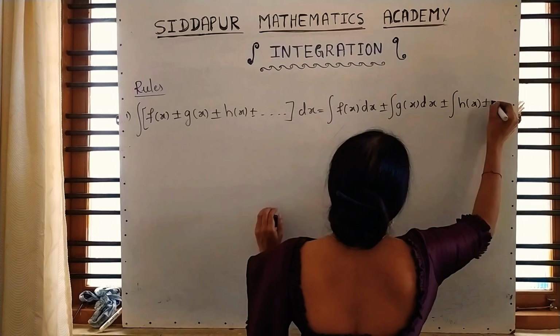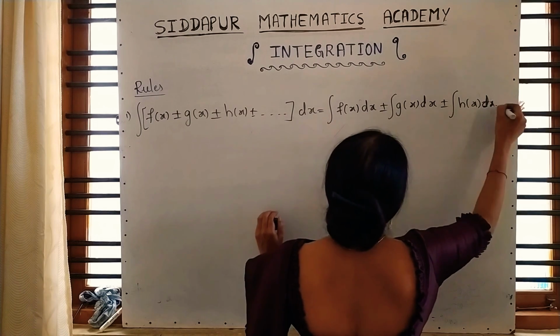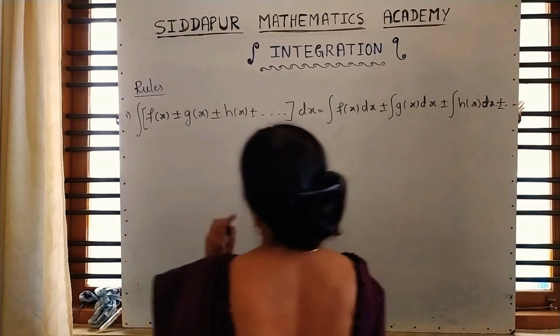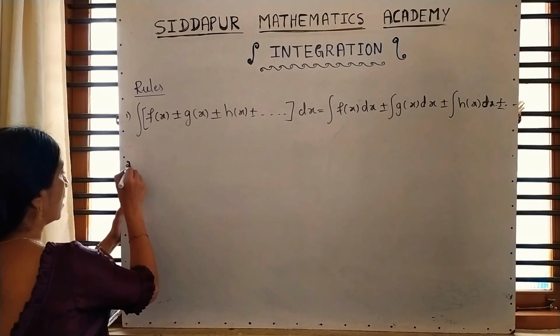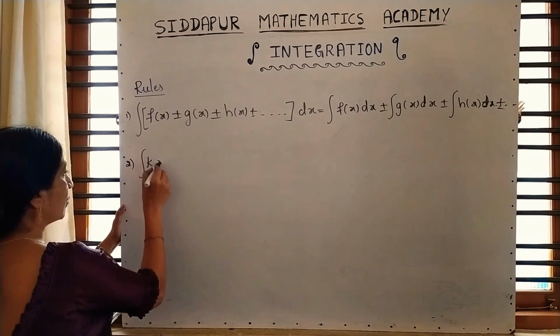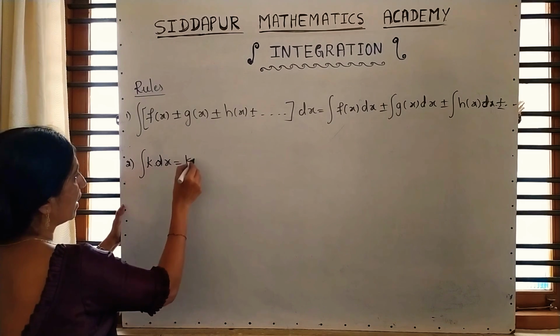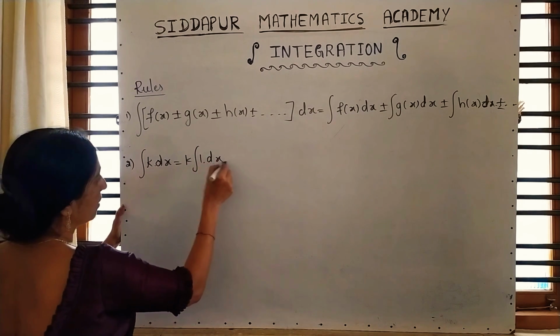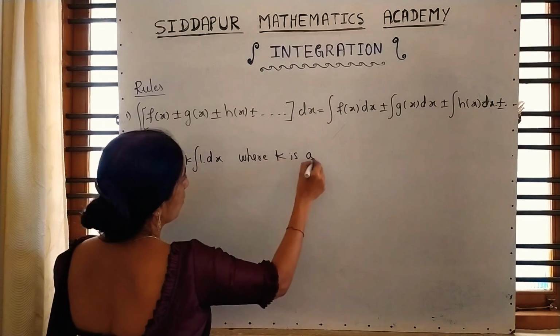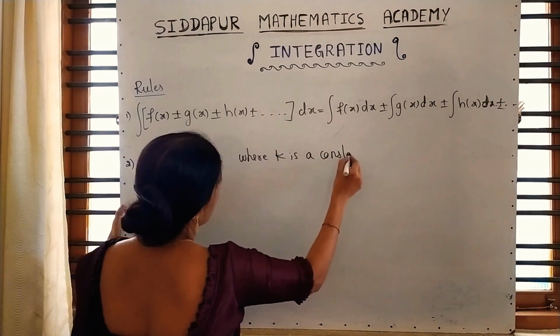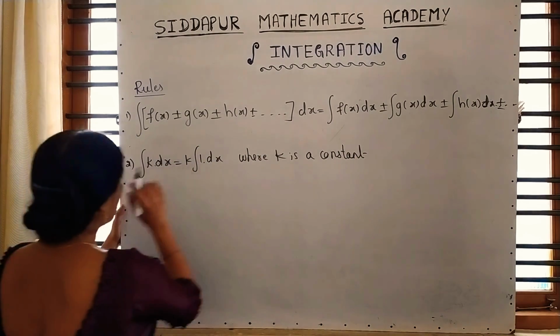It goes on continuing. And if it is k into dx, we write k as it is and integrate the rest, where k is a constant. Already I gave this in the formula list.